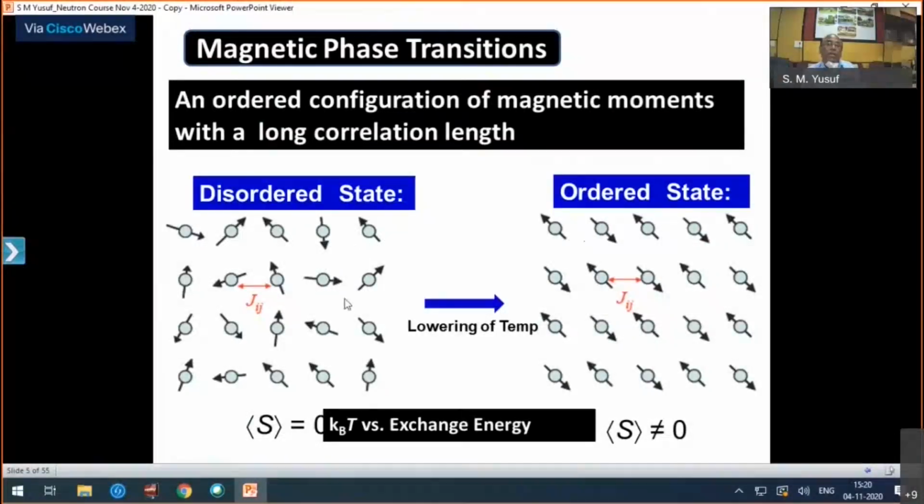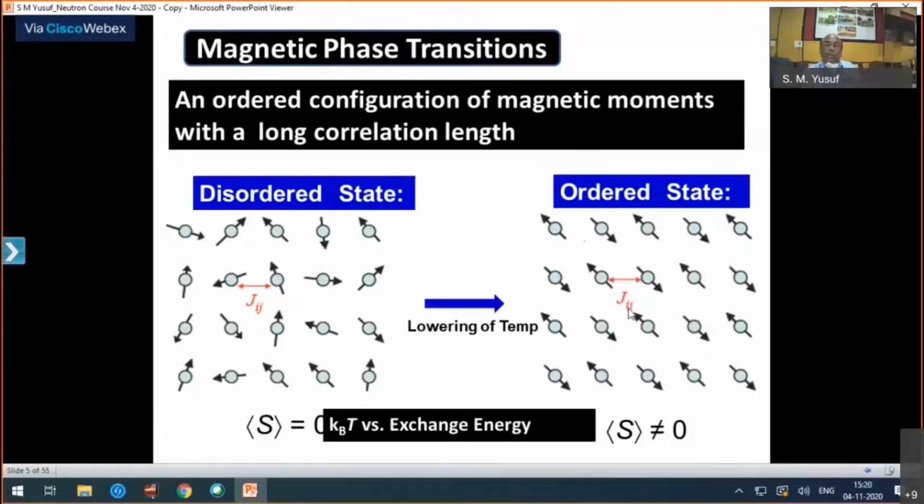That means kBT is responsible for the disordered arrangement, disordered orientation of these moments, whereas Jij, the magnetic interaction, very precisely the magnetic exchange interaction, will try to keep them aligned in a particular way. So it is a competition between these two: the disrupting thermal energy kBT versus this exchange energy Jij. It is a matter of which one wins over.